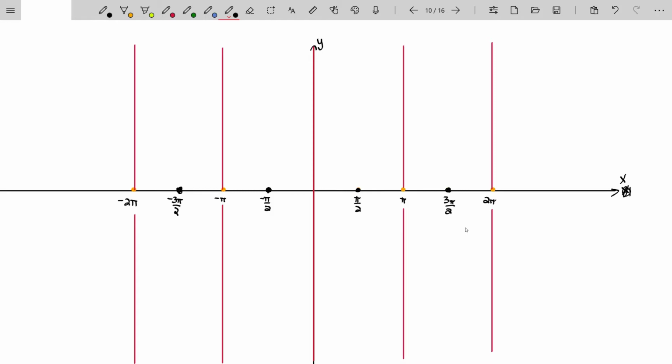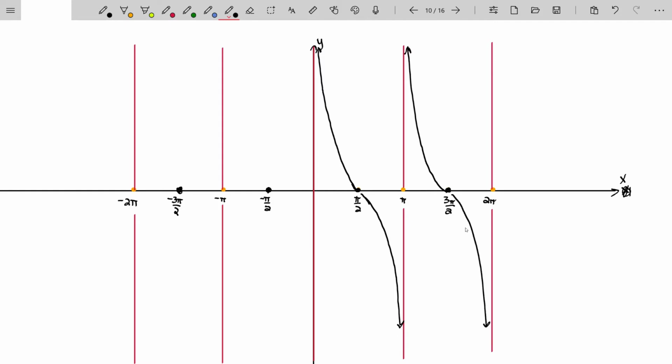That's probably the easiest way to justify that the curve looks like this. Once you're beyond pi over 2, the sine is positive, but the cosine is negative, so the cotangent is going to be negative. And then between pi and 3 pi over 2, the cosine and the sine are both negative, which means cosine over sine is positive. You can see the pattern's just going to repeat like this.